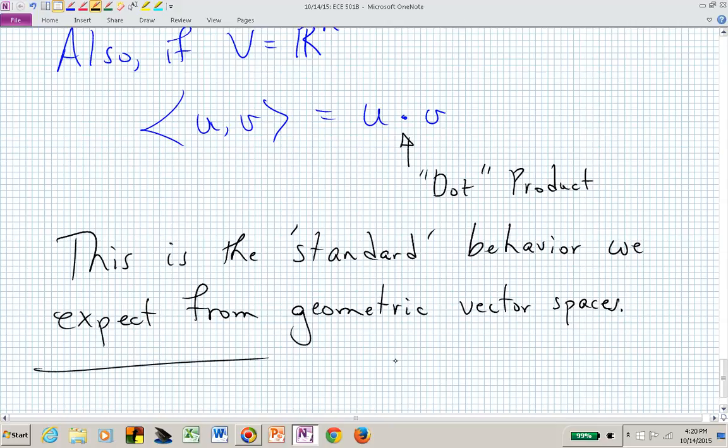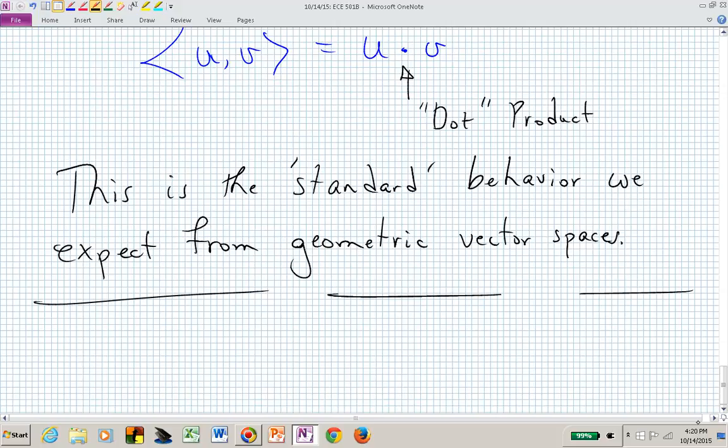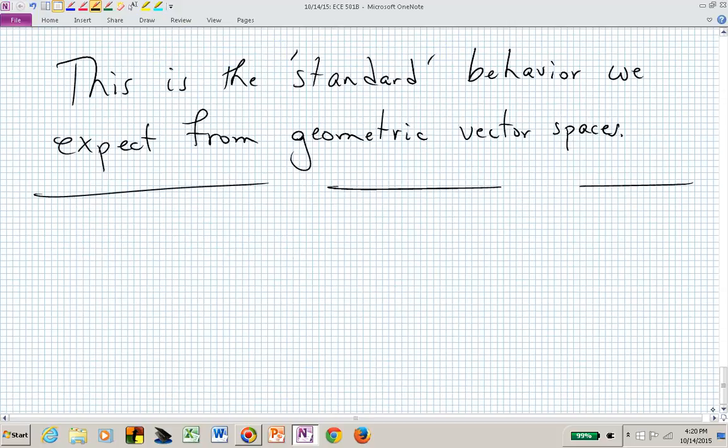Those are the traditional inner products that come to mind when we hear inner product. Let's look at some other inner products that maybe you haven't thought about or seen in the past.